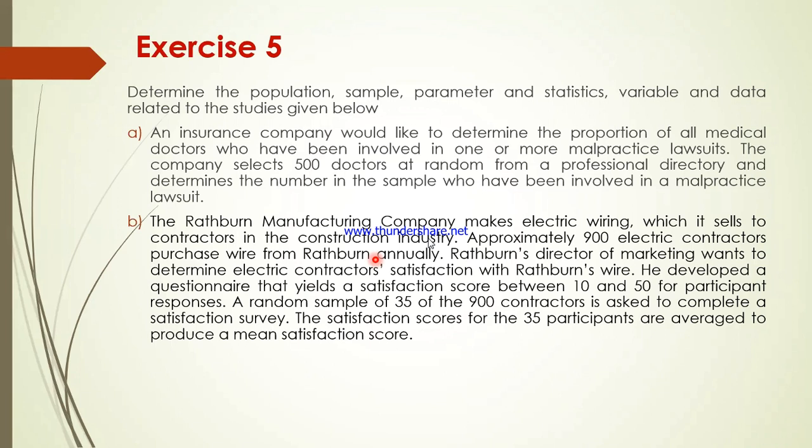write the parameter. What is the parameter for this study? Write the parameter for this study.